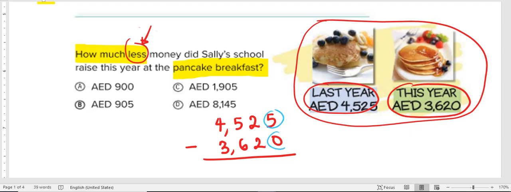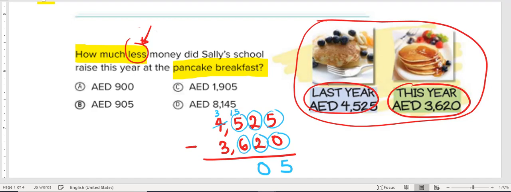Then you subtract, starting with the ones place. 5 minus 0 will give you 5. The tens place, 2 minus 2, 0. The hundreds place, 5 is less than 6. You can't subtract. Borrow 1 from 4, you'll be left with 3. The one you borrow is regrouped to give us 15.